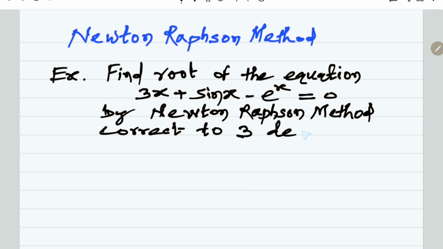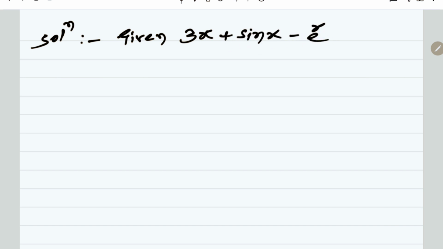Then differentiating it with respect to x, we get f dash of x. The derivative of 3x is 3, the derivative of sin x is cos x, and the derivative of e raised to x is e raised to x.